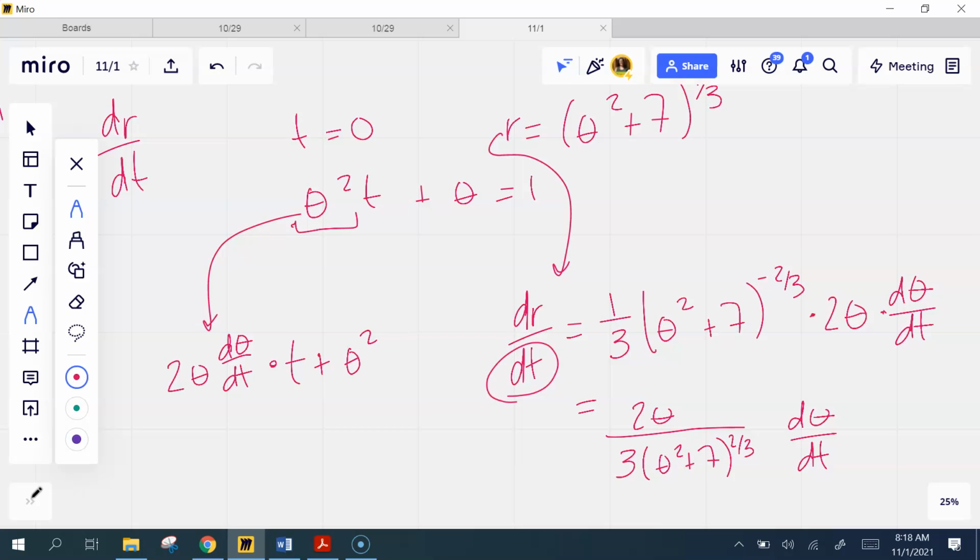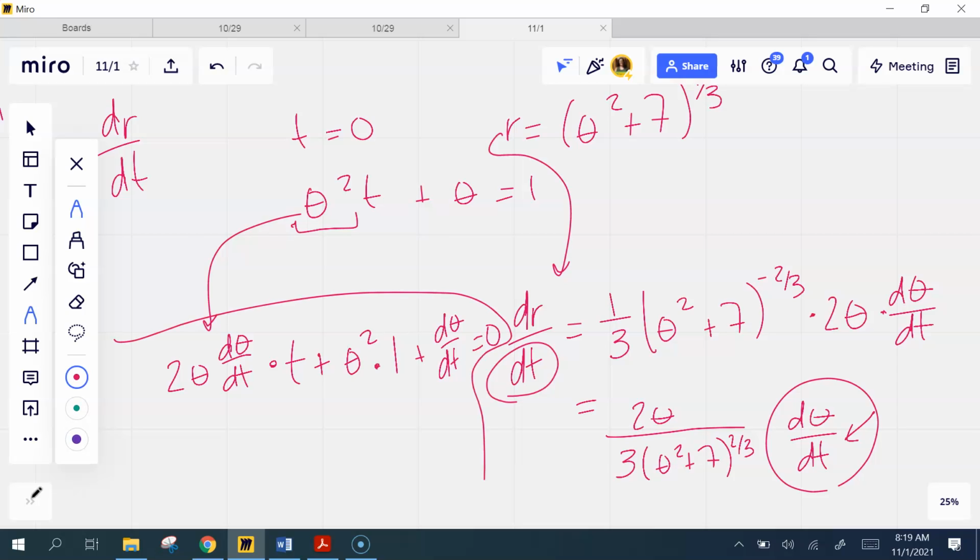It's just 1. I'm doing the derivative with respect to t, because what I want to do is find out what d theta dt equals so that I can plug it in here. Then you've got plus d theta dt equals 0.